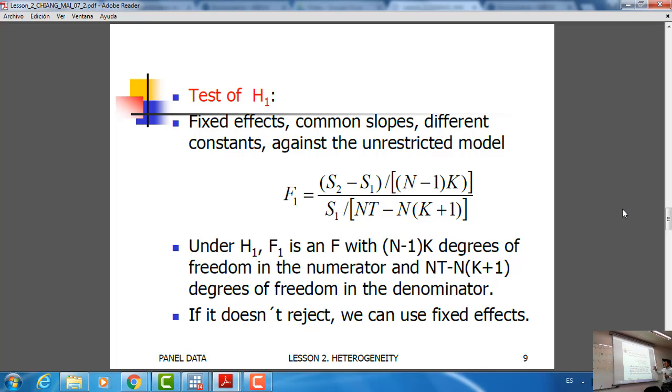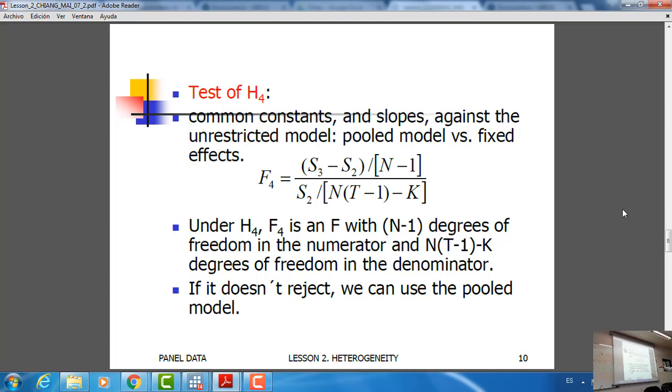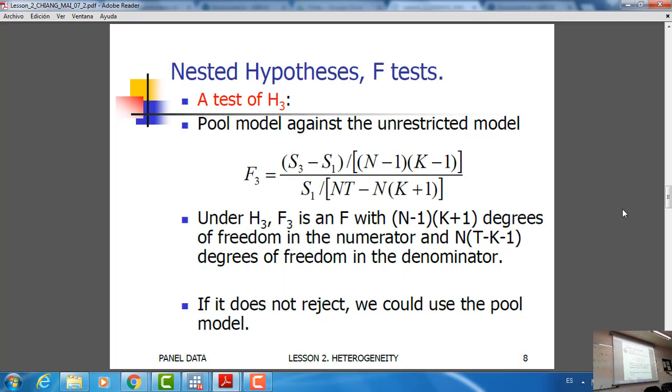There are several formulas like this, and the idea is to find the right formula, because there are many of those. Test of H4. No, H4. Let's look at H3. Now, I wasn't following this, but let's look at this particular formula, F3.